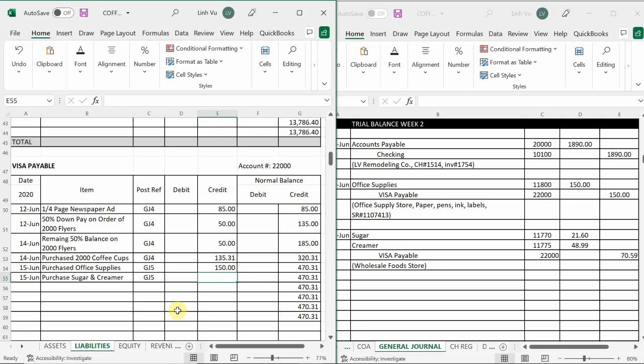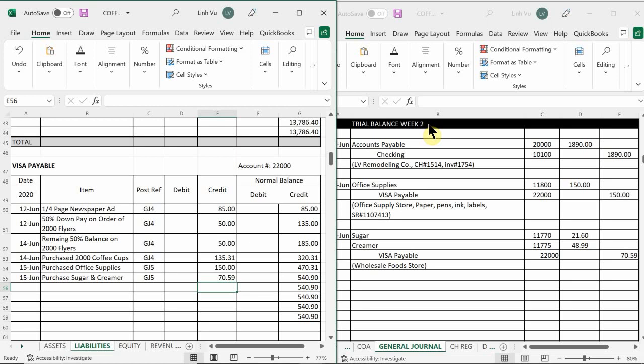How much did I charge my credit card for? Bringing me a grand total account balance in my credit card to be $540.90. Excellent. Okay.